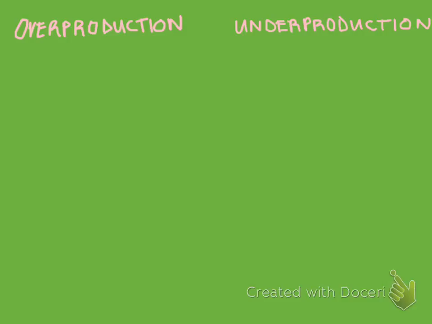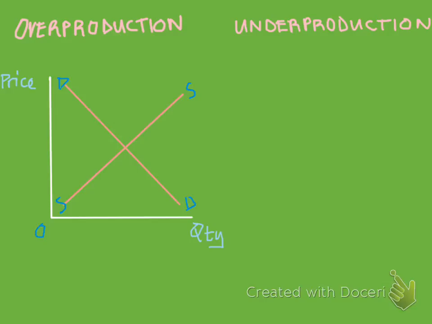Let's look at overproduction on a diagram. Price, quantity, supply and demand curve. They meet at equilibrium to form a price P and quantity Q. If a minimum price is set above the equilibrium price P, this would lead to Q1 supply.